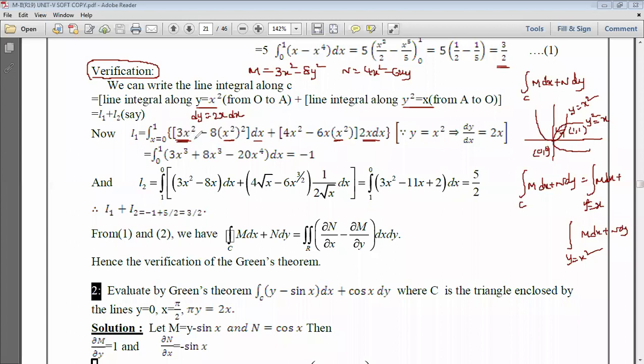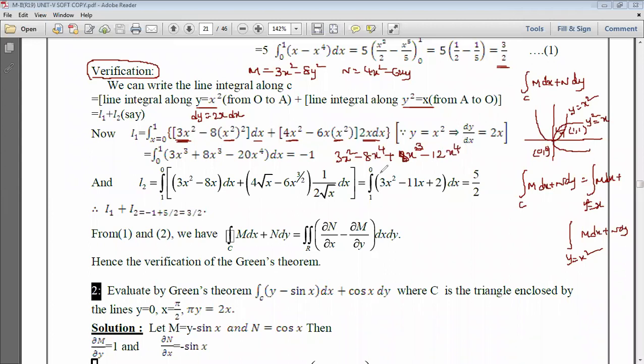So we get 3x square minus 8x power 4, and next plus 4x square into 2x, which is 8x cube, and minus 6 into 2, which is minus 12, and x into x square into x is x power 4.